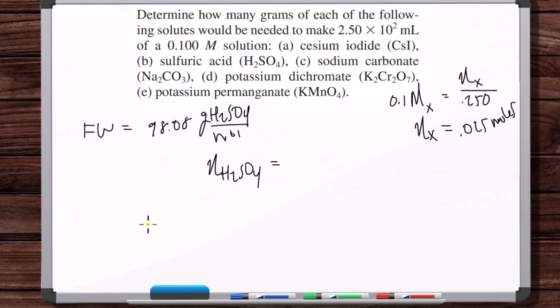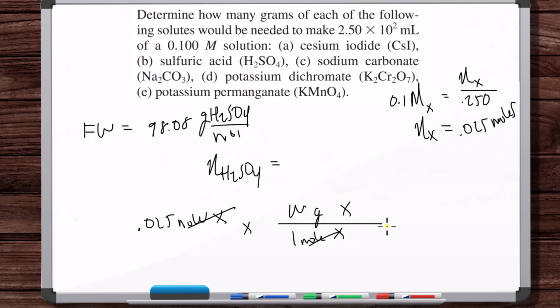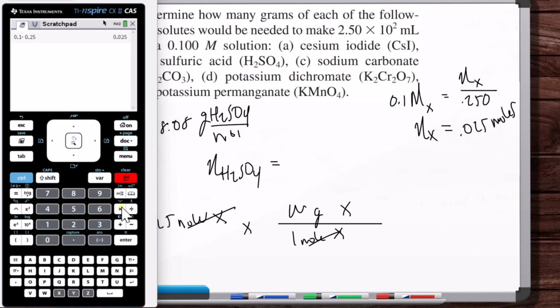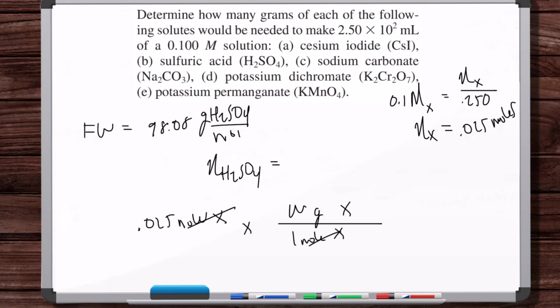We've got 0.025 moles of the solute, and the formula weight tells you this many grams of the solute for every 1 mole. And that's the answer. So what's 0.025 times 98.08? 2.452.